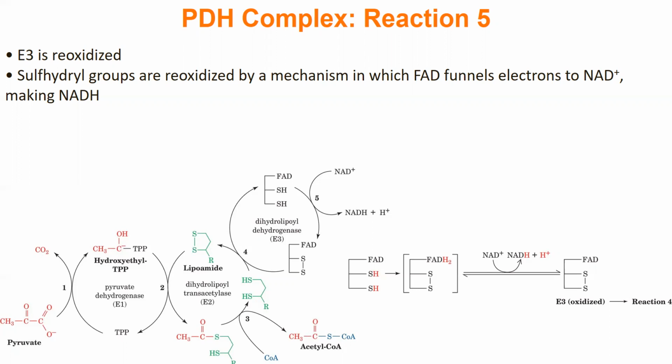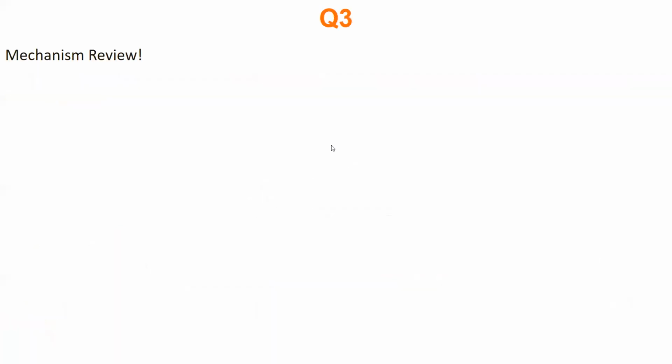This is what will take our pyruvate from the end of glycolysis and create acetyl-CoA for us. This is irreversible, and once you go down this pathway, you are committed to becoming acetyl-CoA. We talked about the 5 different steps for this enzyme, and the very last thing we did was review the mechanism. So that was Thursday.